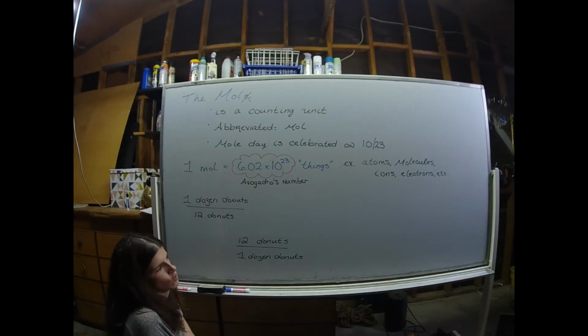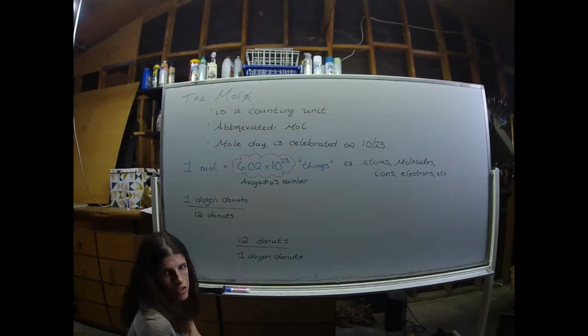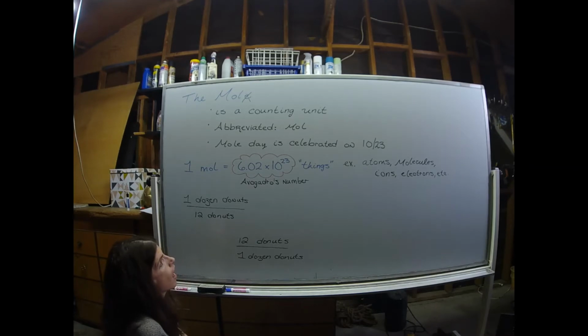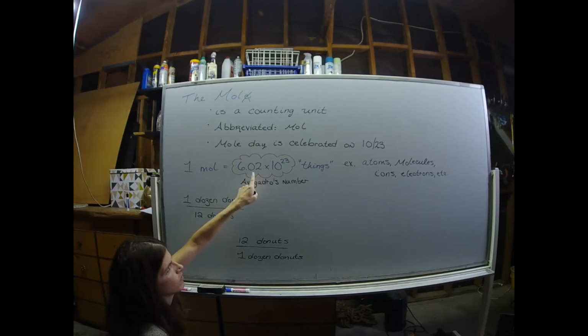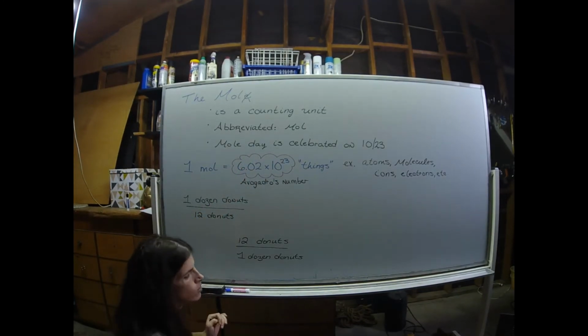So instead of being super specific and sending someone out for 48 donuts, you can say, well, pick up 4 dozen donuts. Same thing with Avogadro's number. And this one's even more useful than a dozen, right? We can say 48, but try saying this number, right? Forget about it. So instead, we call this number of things a mole. Let's do donuts. What if you want a mole of donuts?